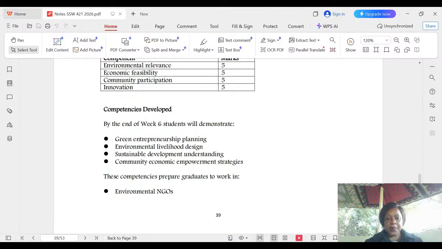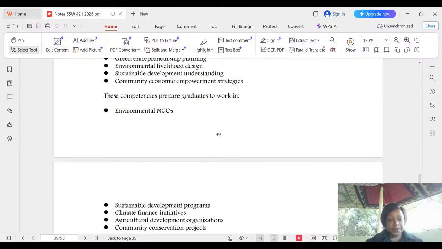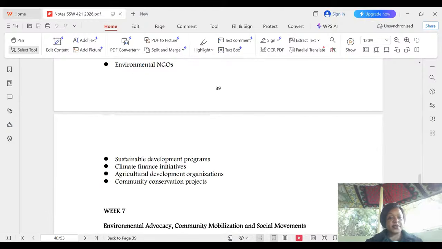And again, a recap: the places that this knowledge will help you work in are environmental NGOs, sustainable development programs, climate finance initiatives, agricultural development organizations, and community conservation projects. Remember, like I shared with you prior, you'll be able to work with NEMA, with your county government as regards environmental matters, and NGOs, international NGOs like UNEP, that support environmental initiatives.